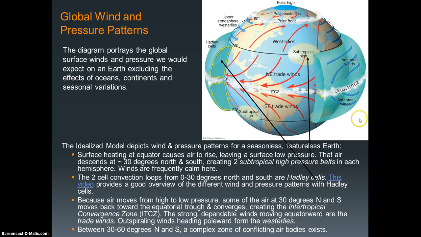Some other things that you see on this diagram are what happens at the upper levels of the atmosphere. In the mid-latitudes, you have upper atmosphere westerlies, and you see how these are not influenced by friction, and they're very fast moving.